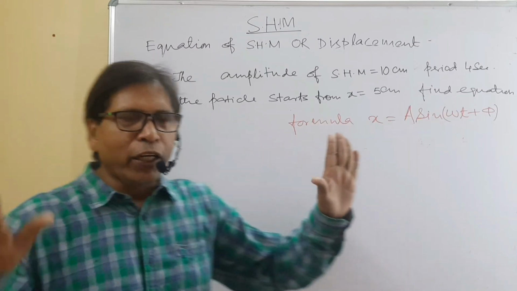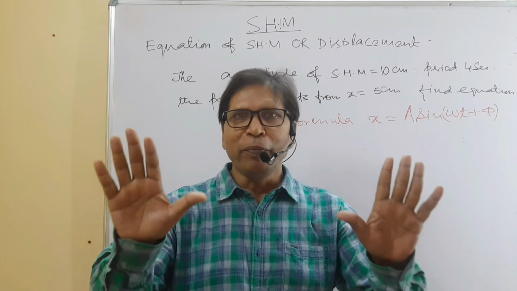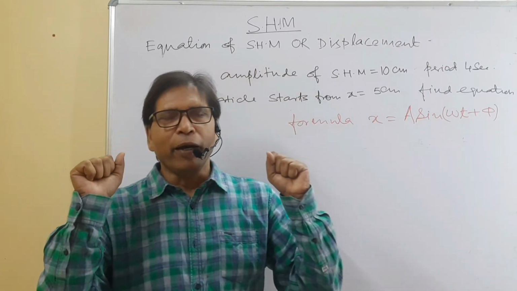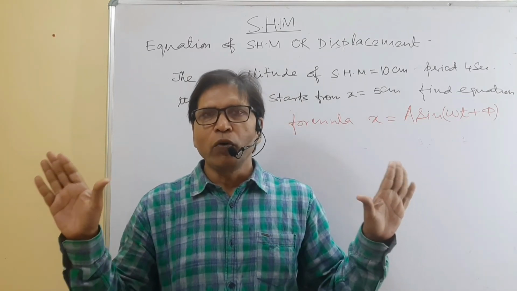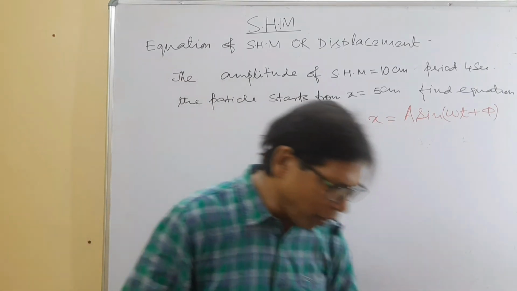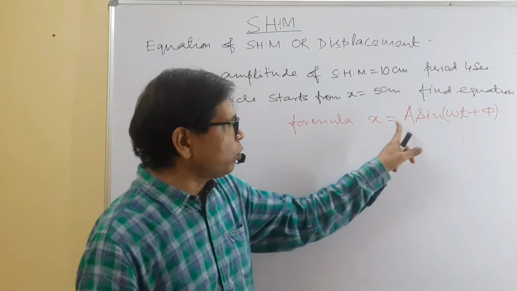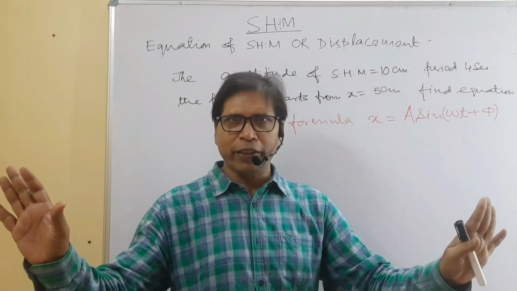Okay. The amplitude of the SHM is 10 centimeter, period 4 seconds, and the motion starts at x equals 5 centimeter. We have to calculate the equation of SHM. Now the given quantity, look at this, the formula is x equals A sin(ωt + φ) is the equation of SHM.